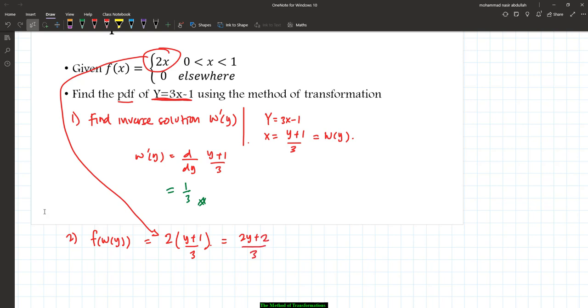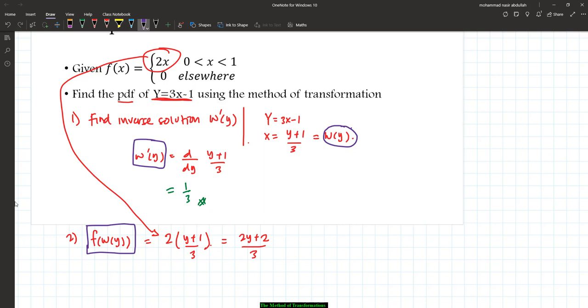So the first step is to find the inverse solution w(y) and its derivative, and the second step is we find the function f(w(y)) by substituting the value of x using (y plus 1) divided by 3.